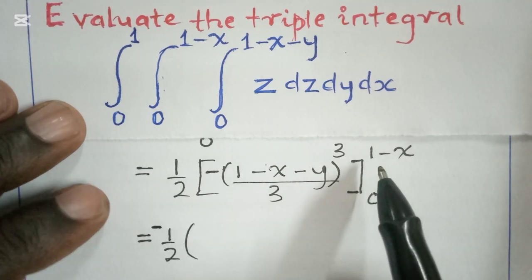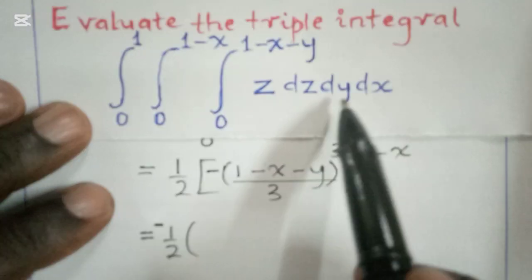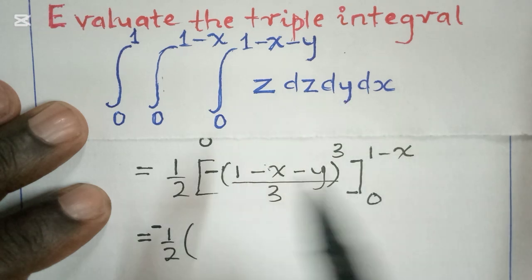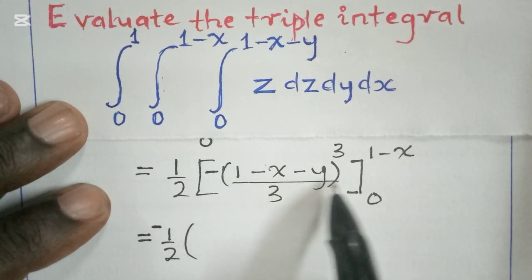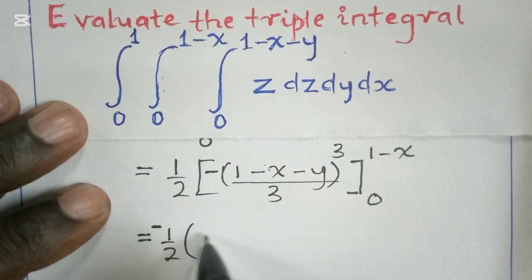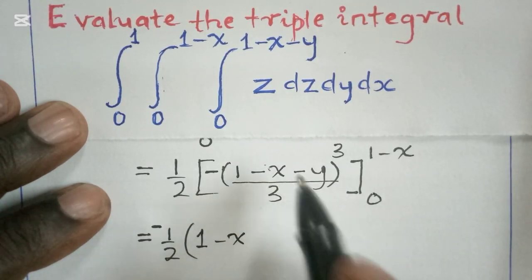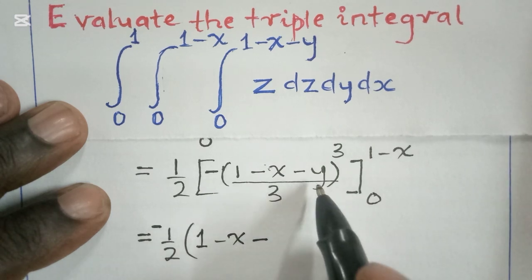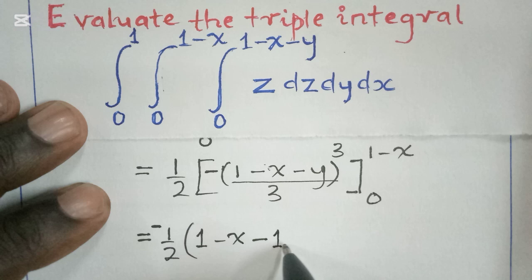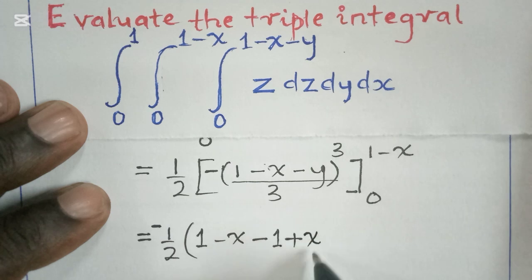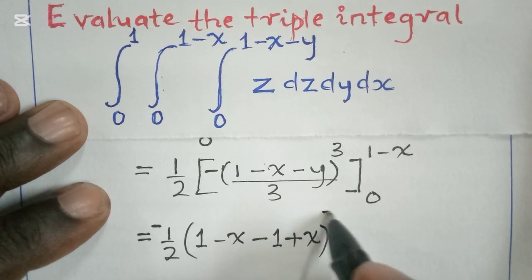Remember, we are doing this with respect to y, so the x is constant and the y is what we are replacing. So we shall have 1 minus x minus y, with y being 1 minus x, cubed.